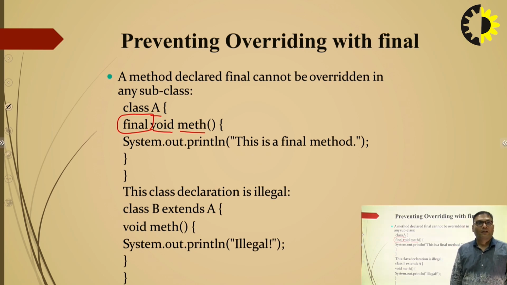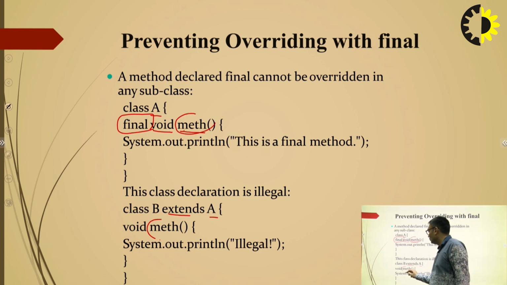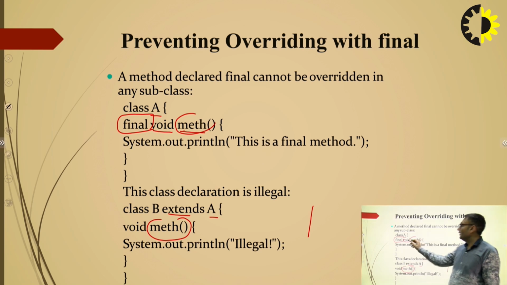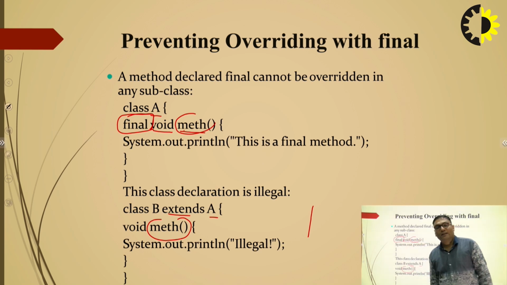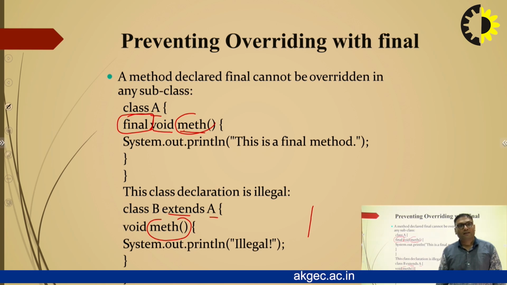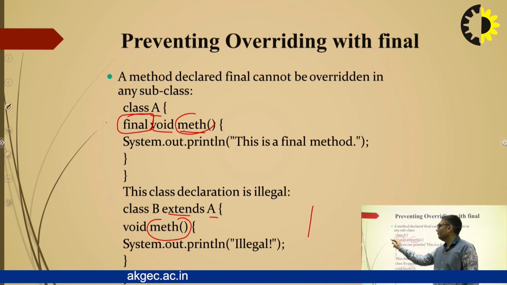Further, this method can't be overridden. So if I write a class B that extends class A, with a method having the same name as in its superclass, then this declaration is illegal, because the above method is a final method. It can't be overridden. So if we want to make a method final, we put the keyword final before the name of the method.